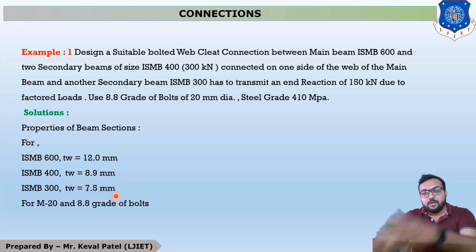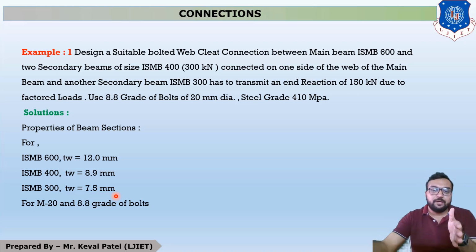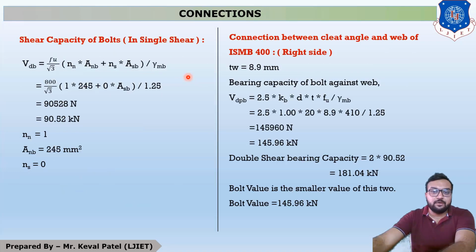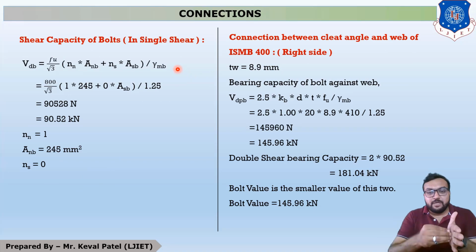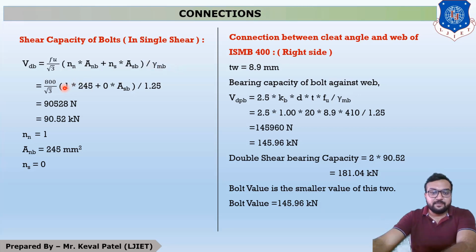So students, first of all, we have to calculate for the secondary beam. Our first secondary beam, which is connected on the right side, is ISMB 400, which transfers 300 kilonewton load. So our right hand side beam is in double shear. Okay, so all the calculations remain the same as in single shear. The value is 90.52.